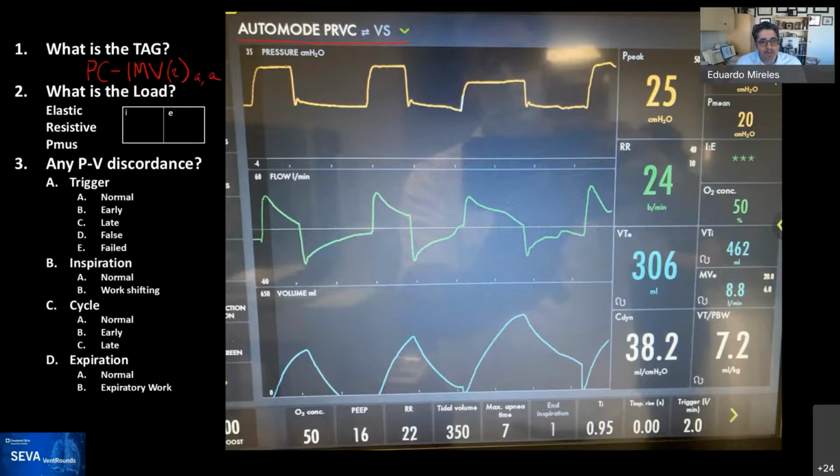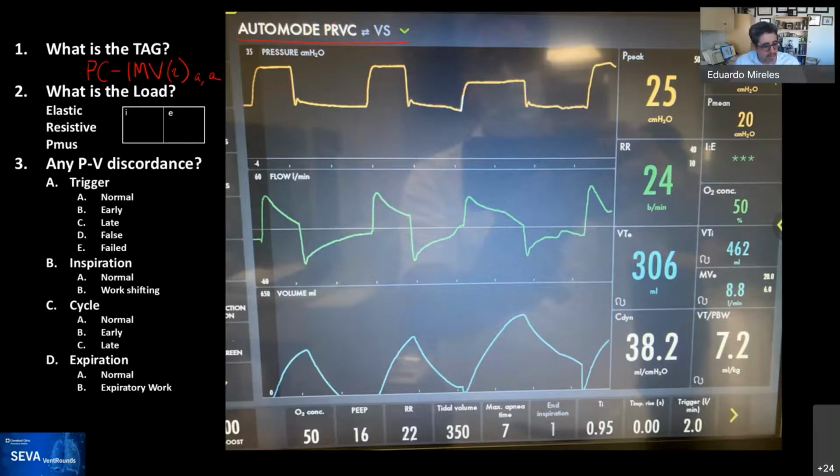It's pressure control, so the pressure is controlled. It's intermittent mandatory ventilation because there are mandatory breaths and spontaneous breaths that coexist. But it's type 2, which means that if there are spontaneous breaths, the mandatory breaths go away.